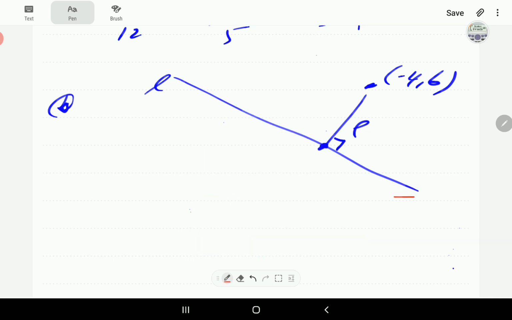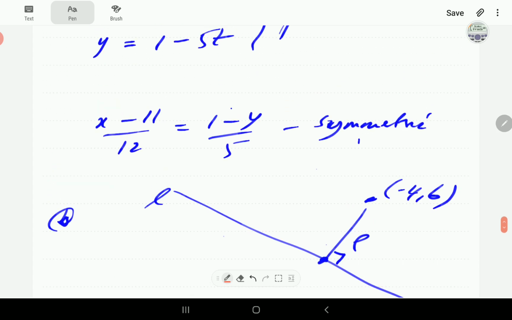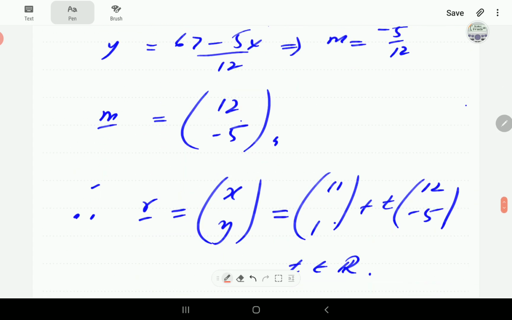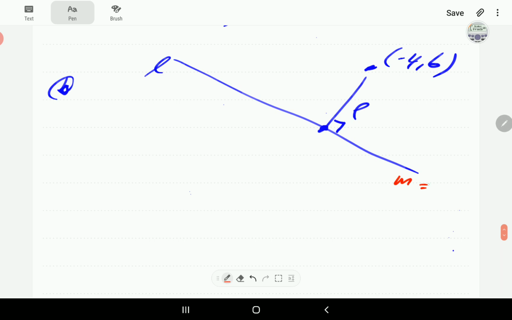So we know the gradient of this line is -5/12, so the gradient of this one is going to be 12/5. So we find the equation of a straight line with gradient 12/5 going through (-4, 6). Then that is going to enable us to find the coordinates of the point of intersection. Then once we have got the two coordinates, we can find the distance.